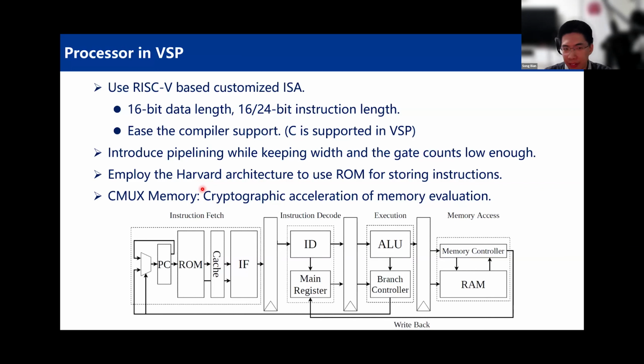But on FHE, the thing is, ROM is basically read-only memory. It's much easier to design a read-only memory than a read and write or random access memory, because when you have to write things, you have to change ciphertext and you have to decide where you want to change that ciphertext. So it's very hard.